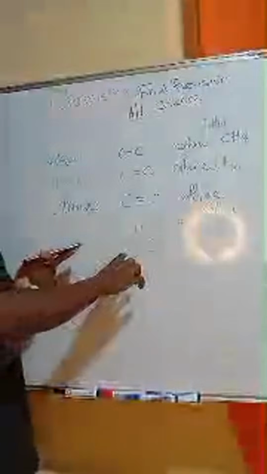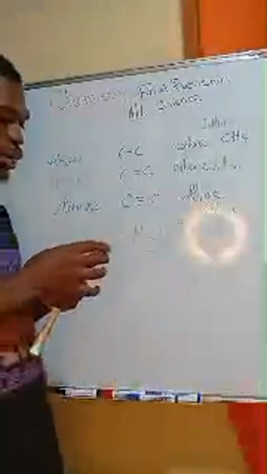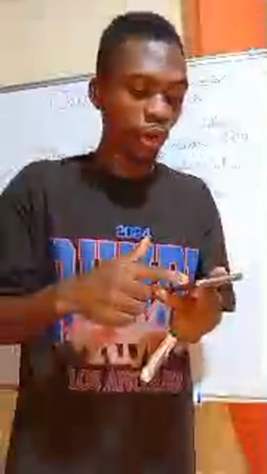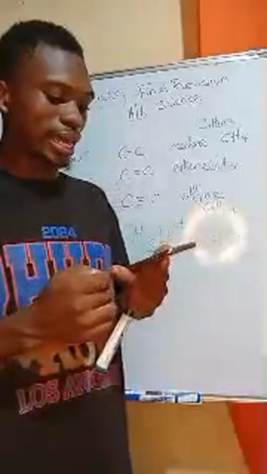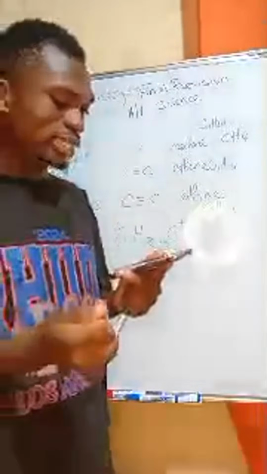Okay, now let's go to carbanion. Carbanion is an organic ion. It is just the opposite of carbocation, but I will define it for you. It is an organic ion in which a carbon atom carries a negative charge and possesses a lone pair of electrons.